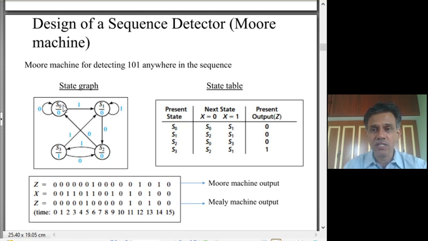When a clock transition comes, this state transition occurs in no time. It doesn't take any time in moving from one state to another state in an ideal machine. Whereas in each node of the state graph, it remains for 1 clock period.